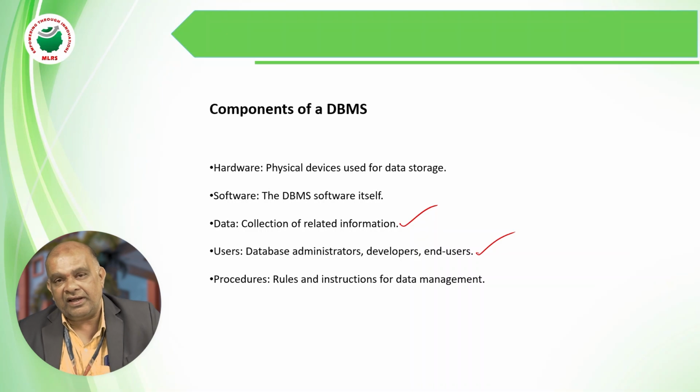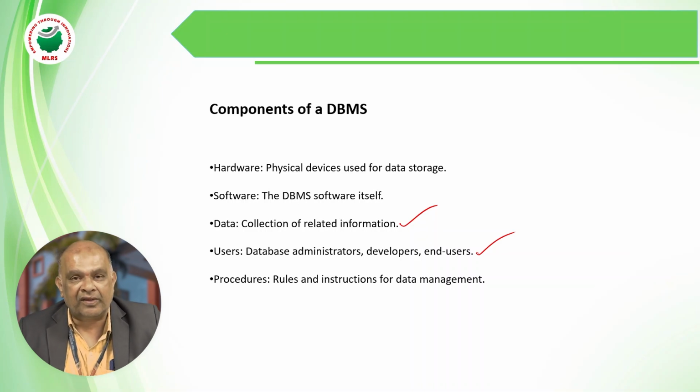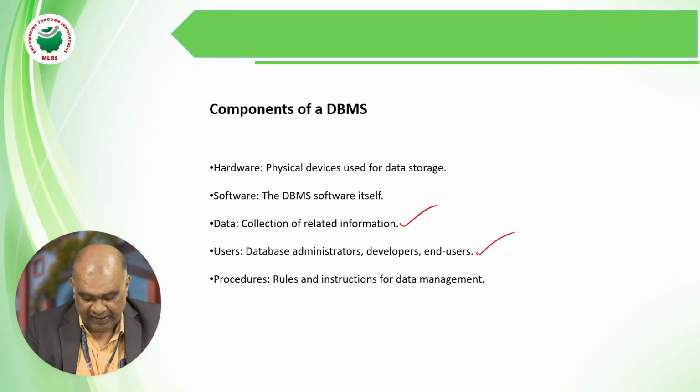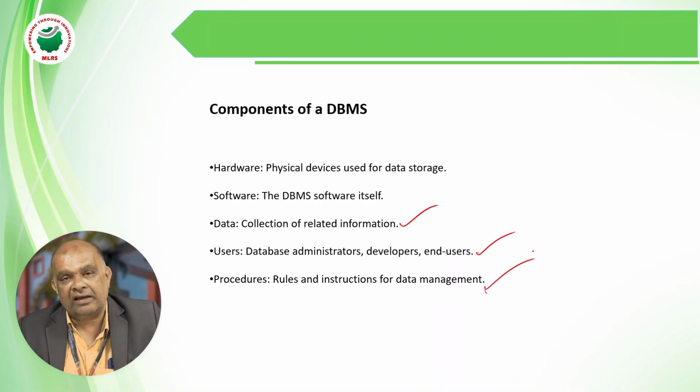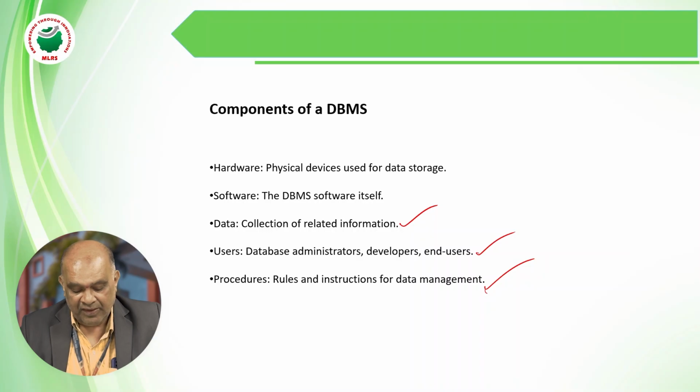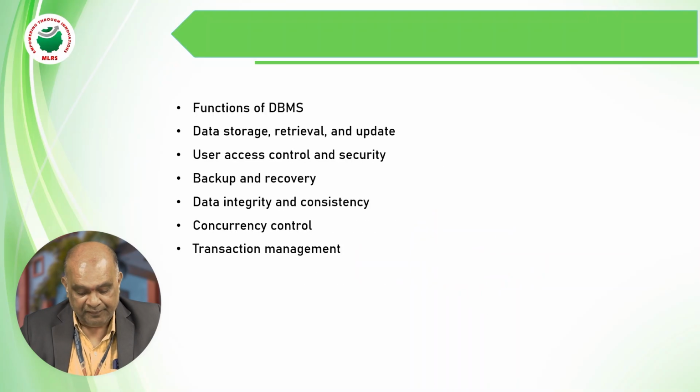Then we can define different types of users as naive users and unsophisticated users. So we will be discussing that, and what procedures we are going to follow in our particular database. The database management system has some procedures where the rules and instructions are given for the database management.